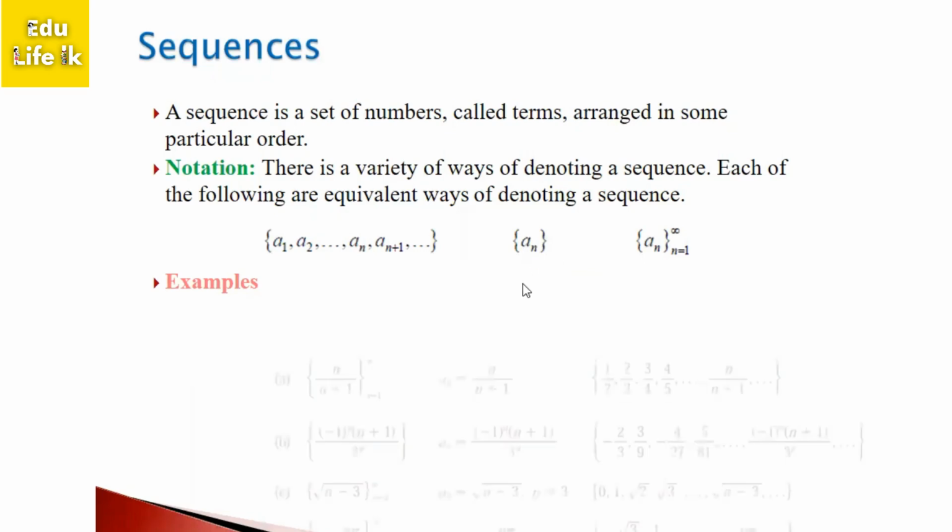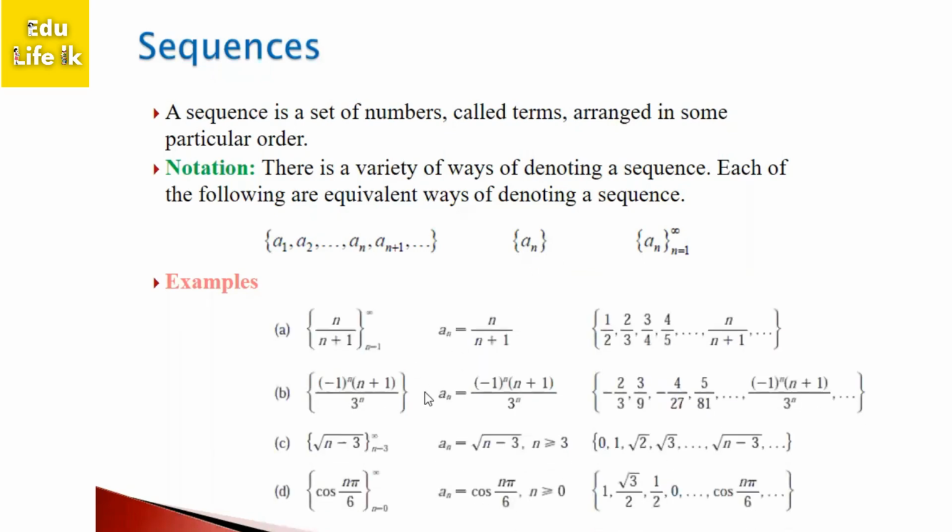Now there are some examples. Look at the first one. When n goes from 1 to infinity, An is n over n plus 1. We can find the terms by substituting: for 1, that is 1 over 1 plus 1, 1 over 2. That is the first term of the sequence.